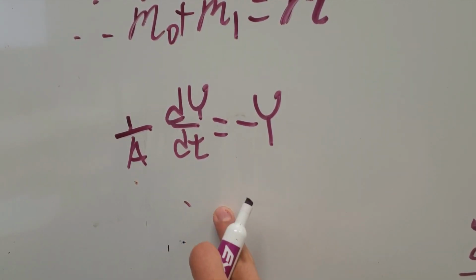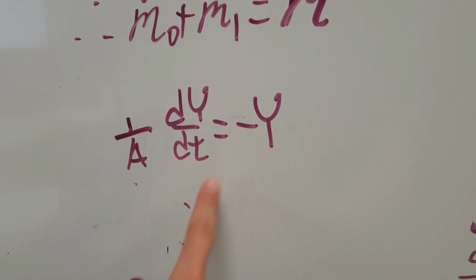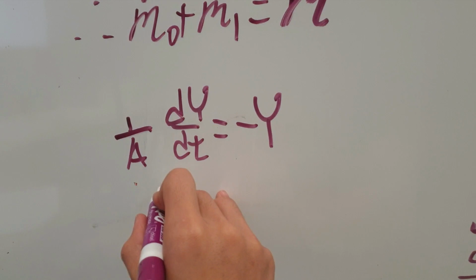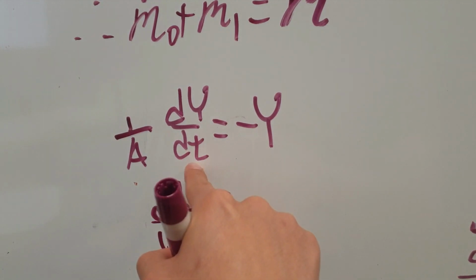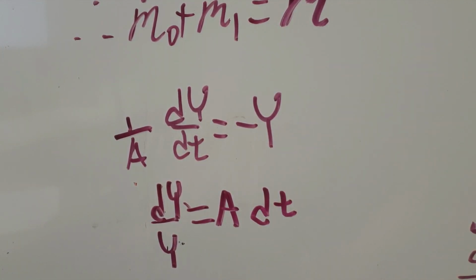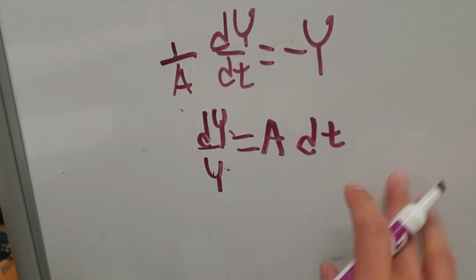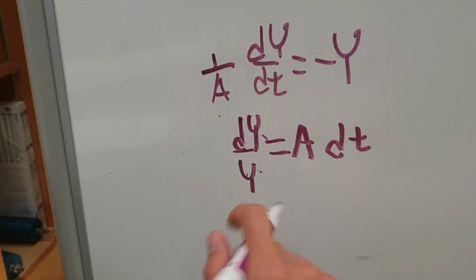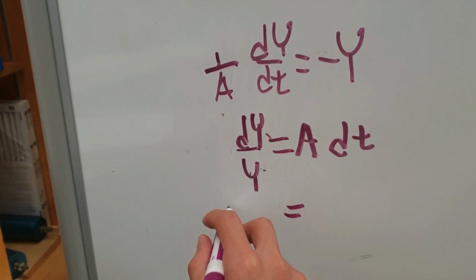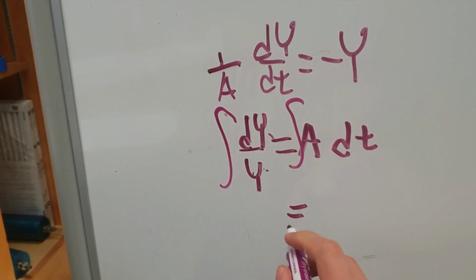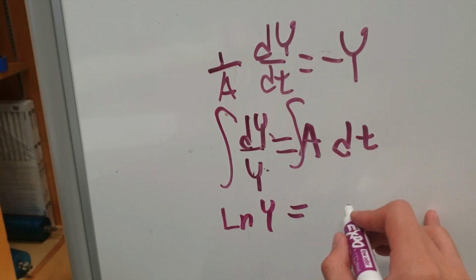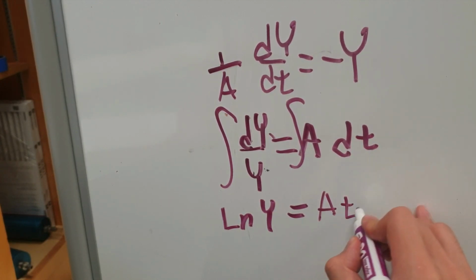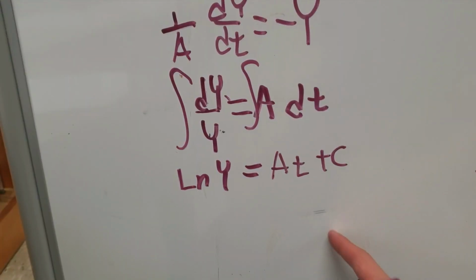So now we can move all the big Y to the left side. Let's do that. So 1 over Y, and then dY is going to stay here, and if you move the a to the right, it's going to be just regular a, and dt moves to the left, so a times dt. And we can solve for it. So 1 over big Y is equal to, if you take the integral, ln Y, and on the right side we'll have at plus c, where c is the unknown constant.